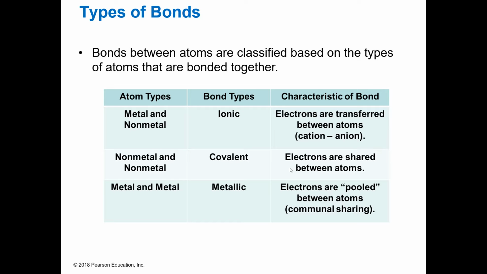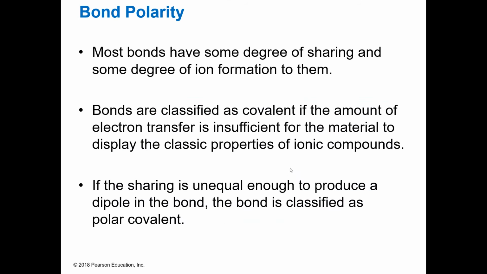When we have a bond that forms, that bond has what we call some level of polarity. Polarity is how they share the pair of electrons between the bond. Now remember, if we form a single bond, they're sharing one pair of electrons. If we form a double bond, they're sharing two pairs of electrons.